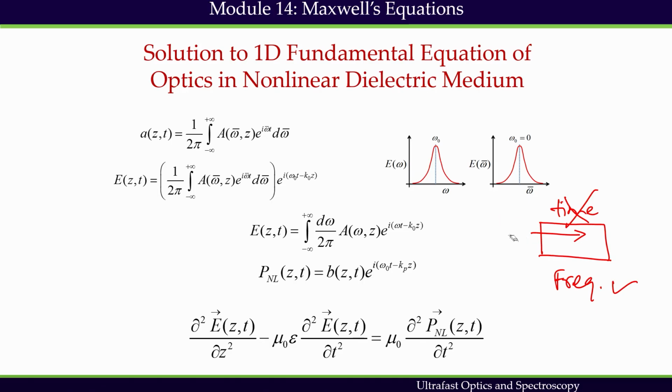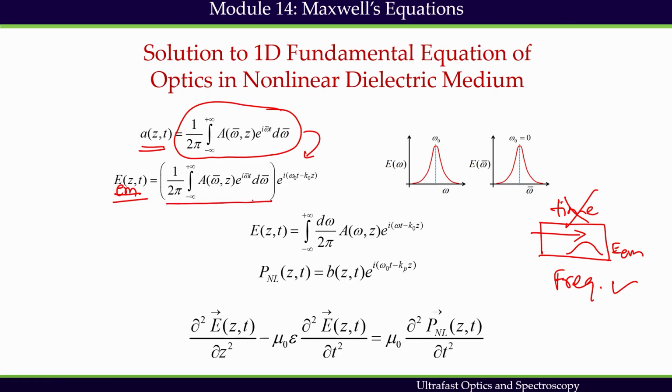Now, this pulse is the emitted beam. That is why A(z,t) is expressed in terms of frequency, and this is nothing but the inverse Fourier transform. And if we express this in the field, then I can write the field as the inverse Fourier transform of the envelope multiplied by the carrier wave in the time domain.